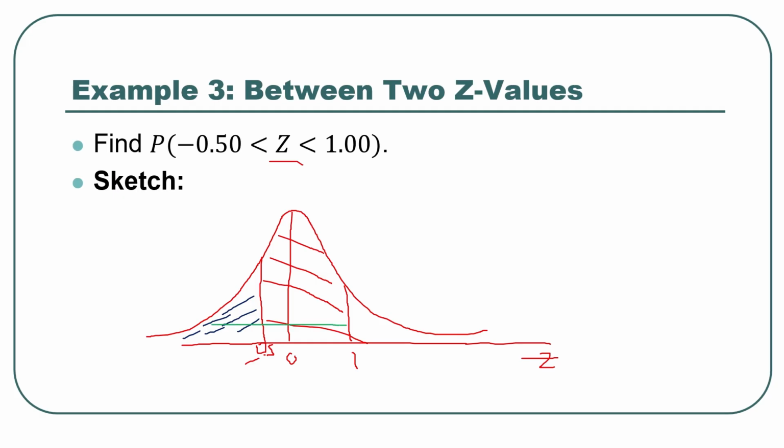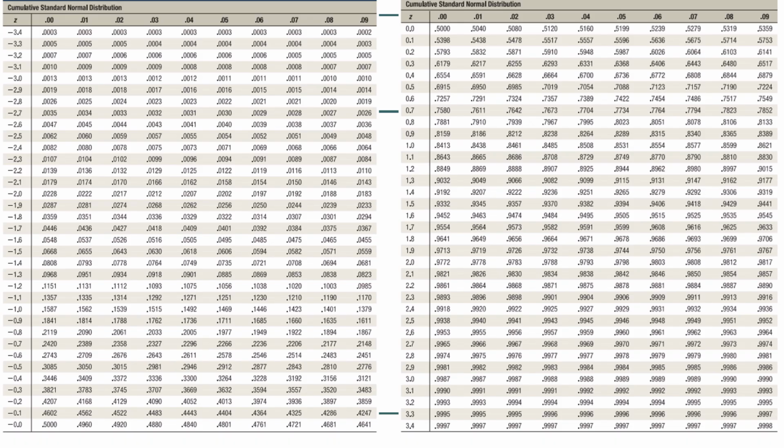It will give me all of that area. So reading from my table under 1 and minus 0.5 will give me two areas, the blue area and the green area. However, we want the area in between, and this is the difference between these two areas, green minus blue. So let me see our table.